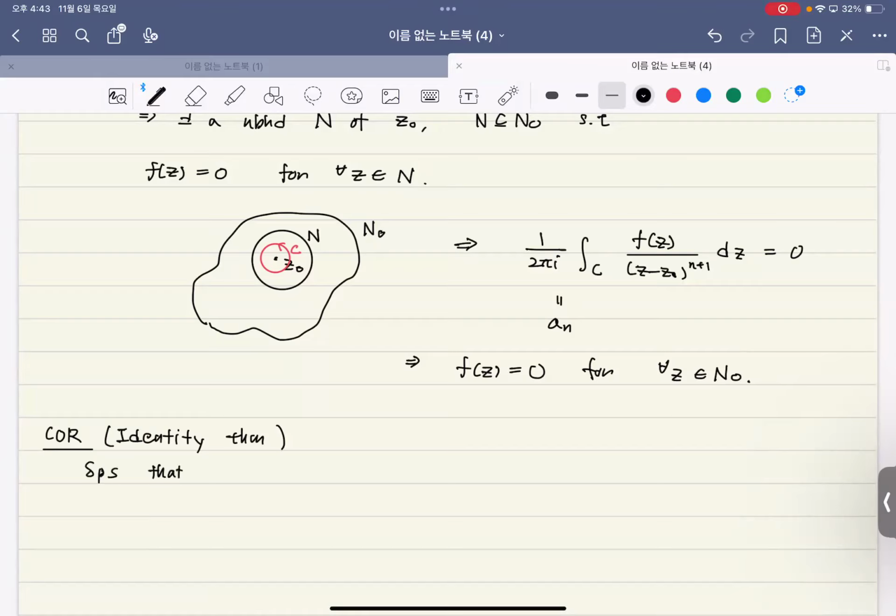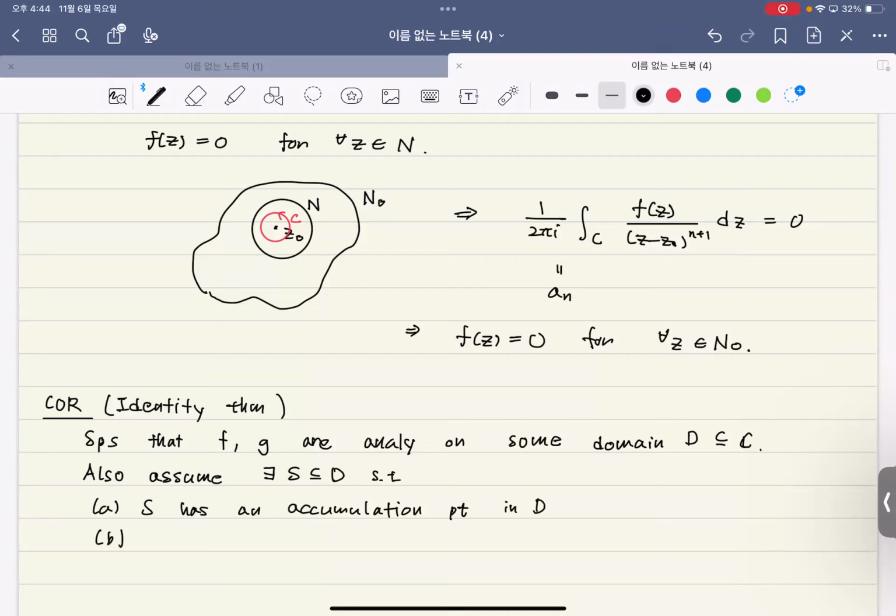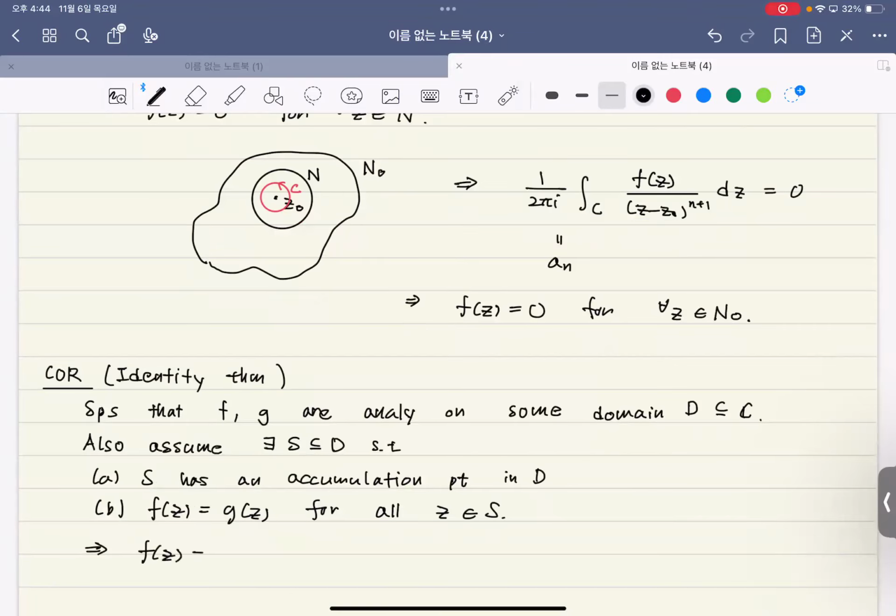Suppose that f and g are both analytic on some domain D. Let us also assume that there is a subset S such that S has an accumulation point in D, and f of z equals g of z for all z in S. Then f of z equals g of z for all z in D.